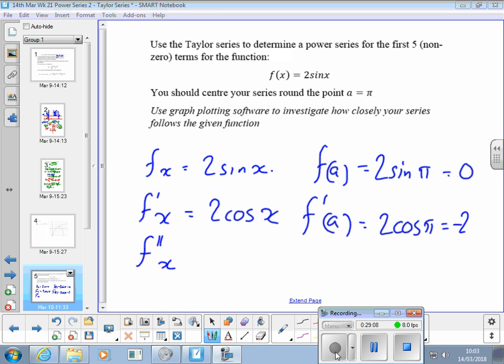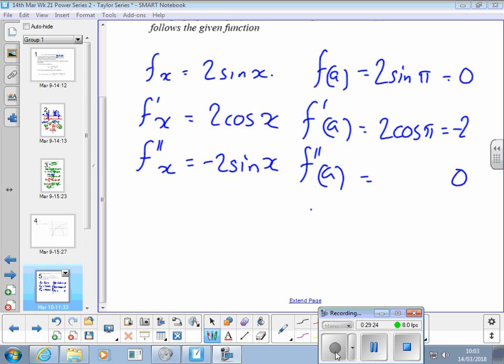Second differential, minus 2 sin x. The value of that at a is equal to 0. Shortcut it a little bit. Third differential.